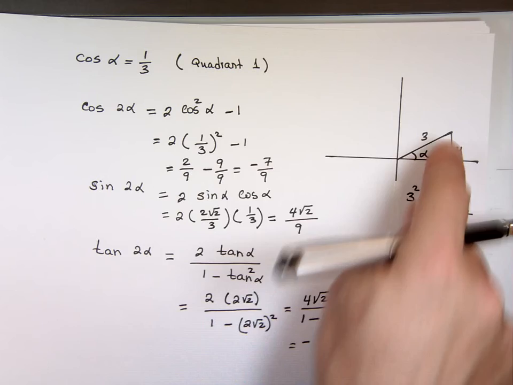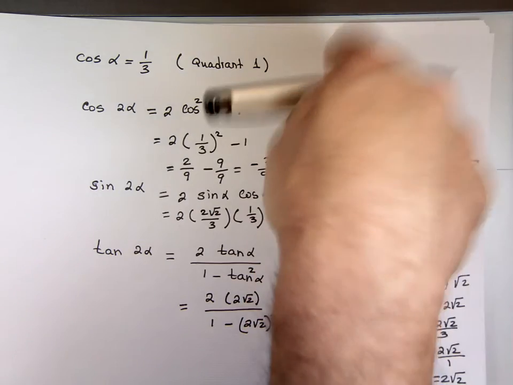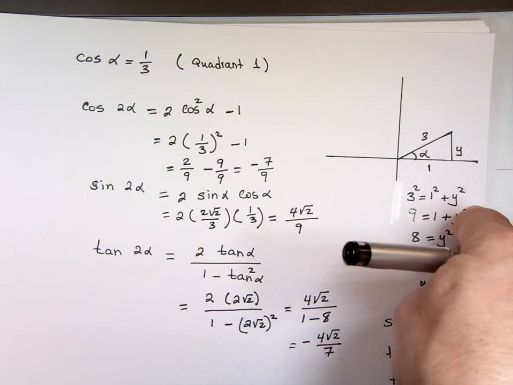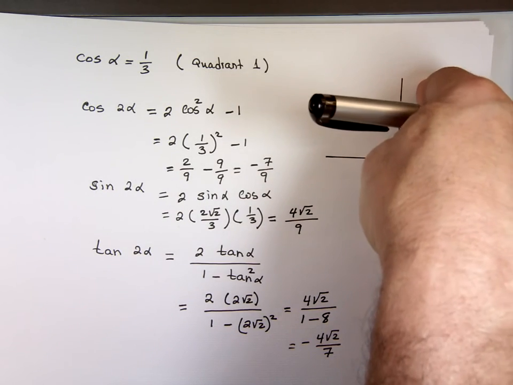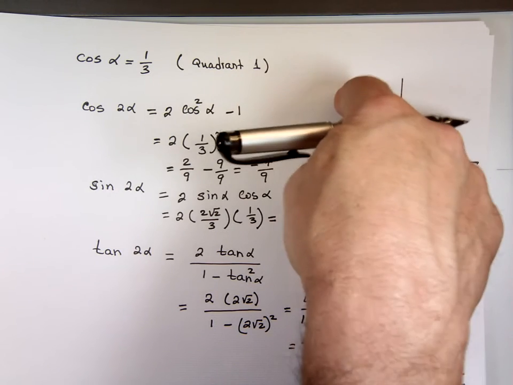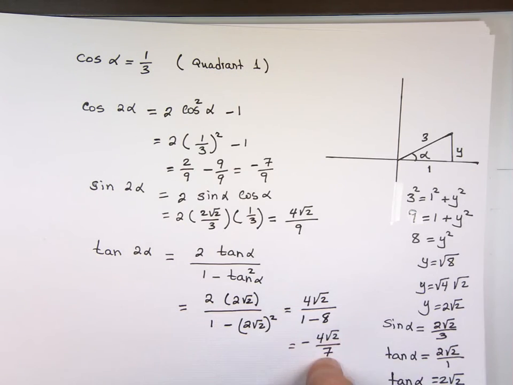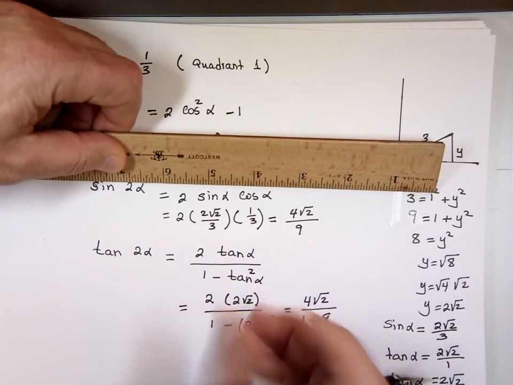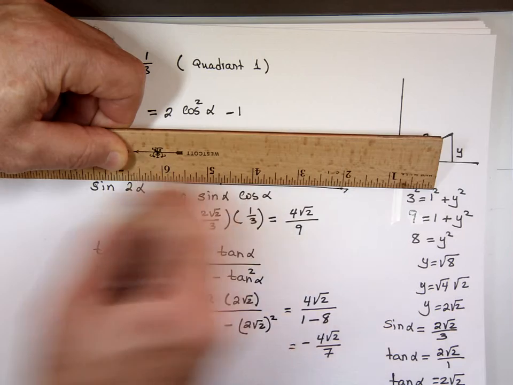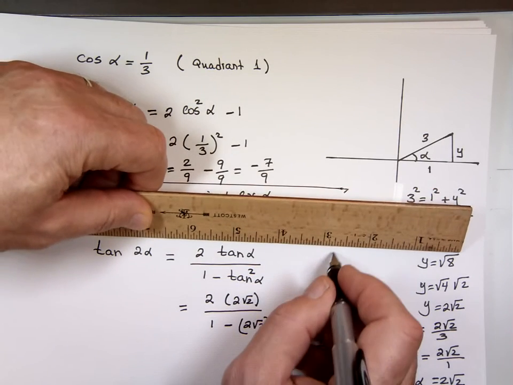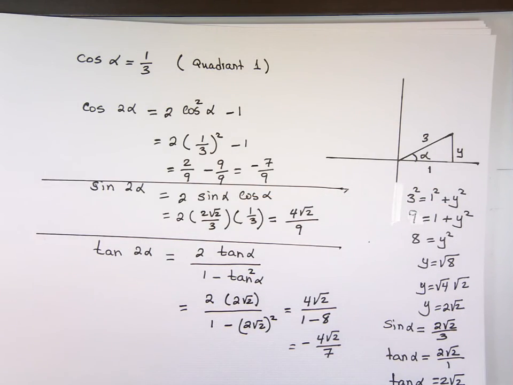Again, in this quadrant, all students take calculus. All stores take cash. Sine is positive here. You're going to be in this one. Only the cosine is positive. The rest of them are negative. Negative and negative. So that's the sine of 2 alpha and the tangent of 2 alpha.